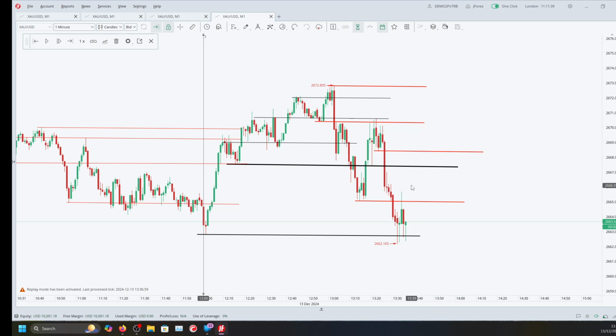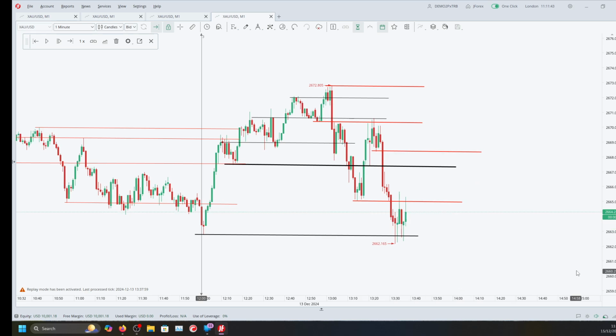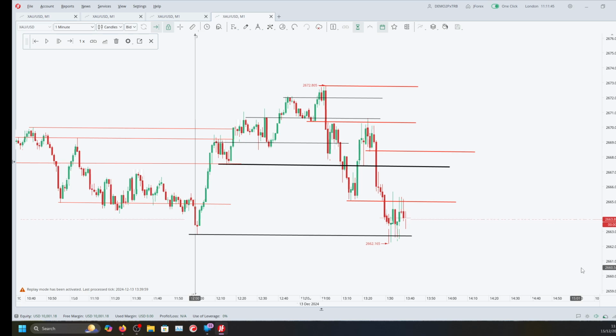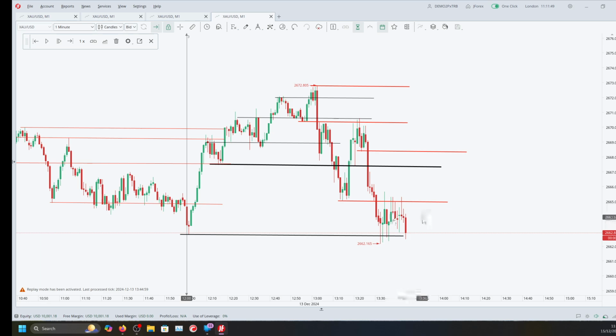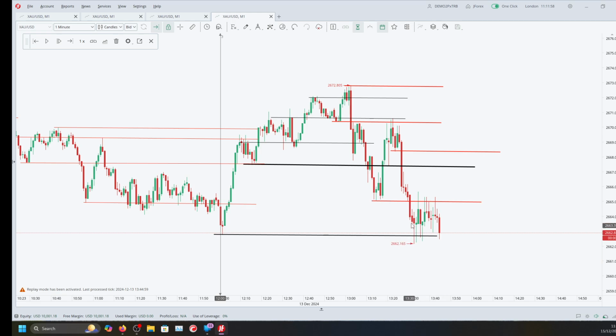See how price reacts if it comes back up into here. So we're getting these wicks, bearish wicks out of here. It depends whether you're brave enough to go short off the low.